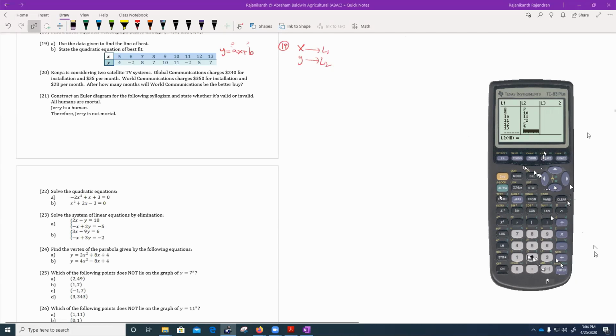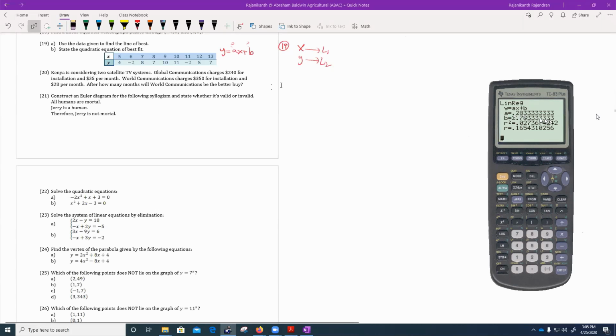Now we are going to find the best fitted line. Go to STAT, CALC. We are going to find the linear regression ax plus b, so select number 4 and enter. You will get the estimated values for a and b.